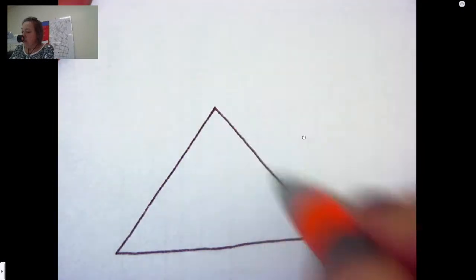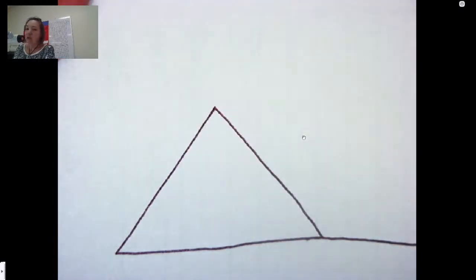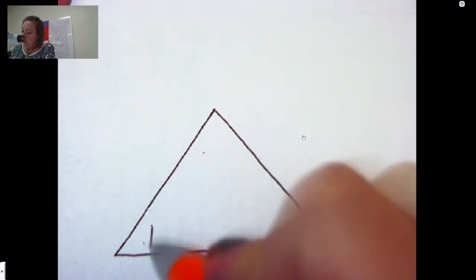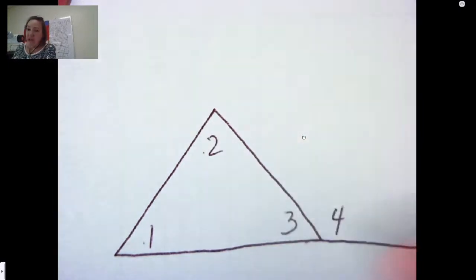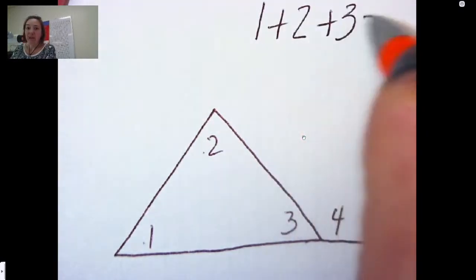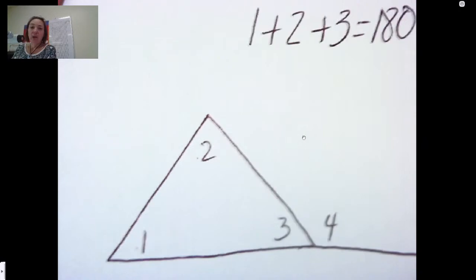Every time you have a triangle, you have internal angles and you have external angles. The internal angles are the ones inside. External is the one outside. Interior, exterior, internal, external, right? If we have this triangle and we label these as 1, 2, 3, and 4, if we add 1 plus 2 plus 3 together, we get 180.